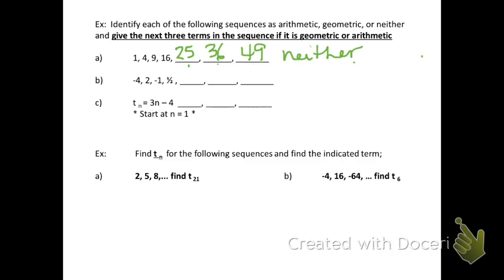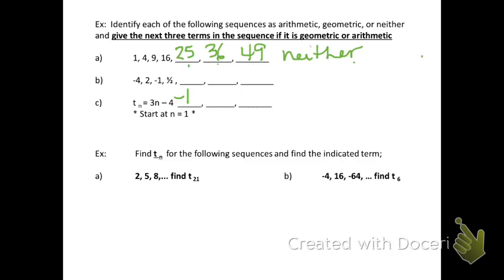All right, term subscript n is equal to 3n minus 4, and we're starting at n equals 1. So if n equals 1, then that means that our first term is going to be negative 1, because 3 times 1 is 3 minus 4 is negative 1.